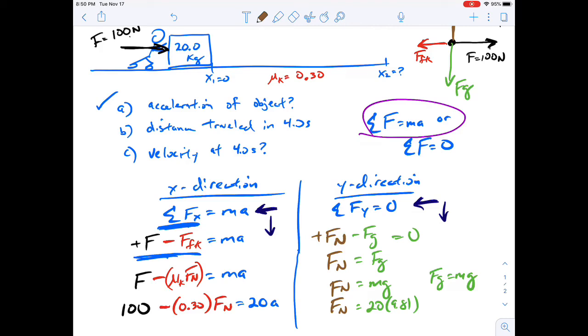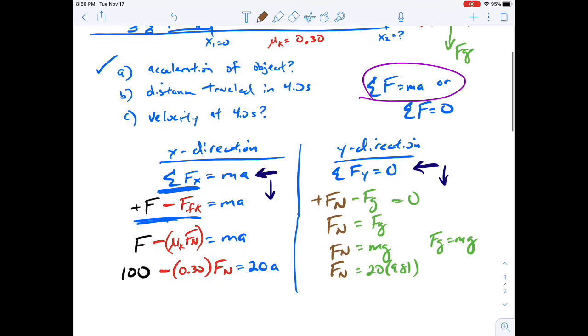Now, if you were really fancy, you could, well, no, I'm going to hold off on that. So once I get that known, we'll plug that into the calculator. So 20 times 9.81, 196.2. That's newtons.